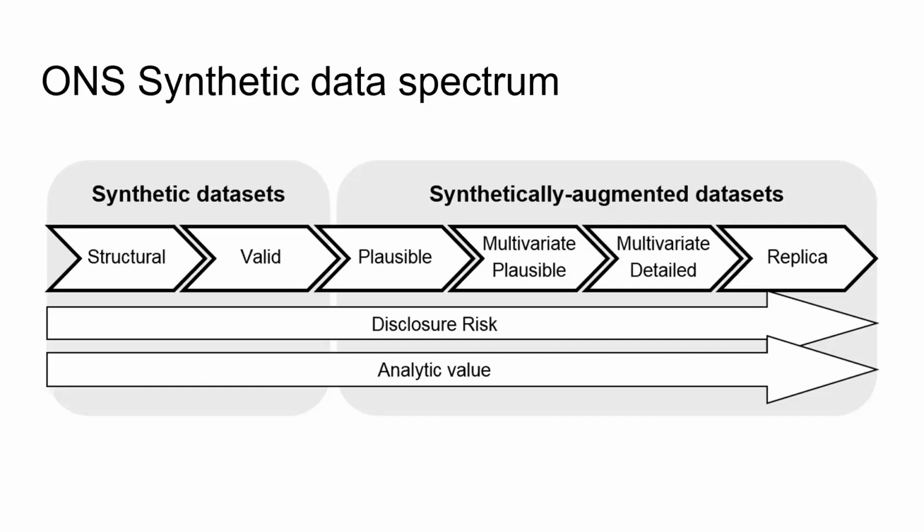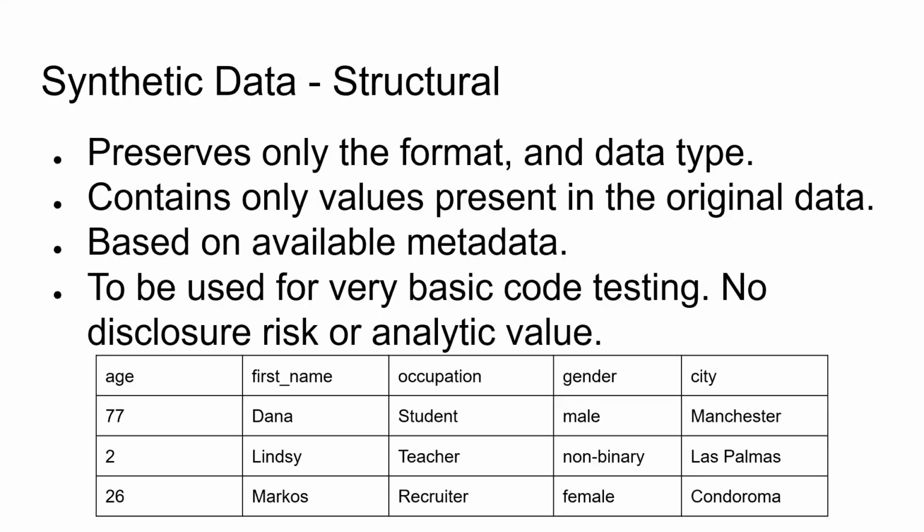This is sort of the way that most people who haven't researched synthetic data academically perceive synthetic data to be. And that's why the ONS paper has this new term, synthetically augmented datasets, tacked on. Synthesis on its own obviously has no guarantee for confidentiality, and that's why the latter part of the spectrum is referred to by this new name. Again, it's very specific to this paper, so don't worry if that doesn't make sense.